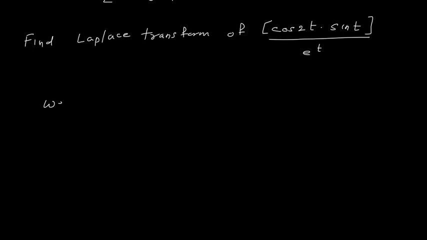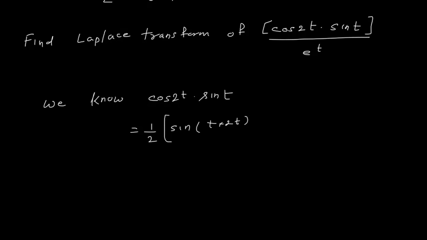So again I will say that we know cos 2t into sin t. Now this is your sin a cos b form, sin t into cos 2t. Sin a cos b is 1 upon 2 sin of a plus b plus sin a minus b. A plus b means t plus 2t, so sin 3t.